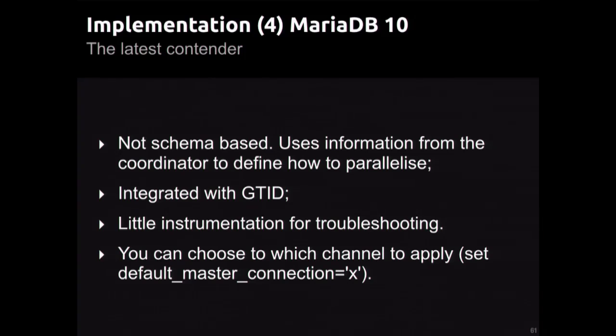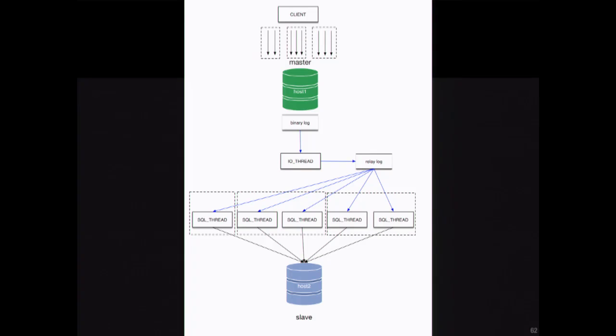In MariaDB is a similar implementation, even though the technology is different. It's integrated with GTID, but as we have seen for a single thread, the instrumentation is limited. Good thing, you can choose for which channel you want to implement parallel replication.